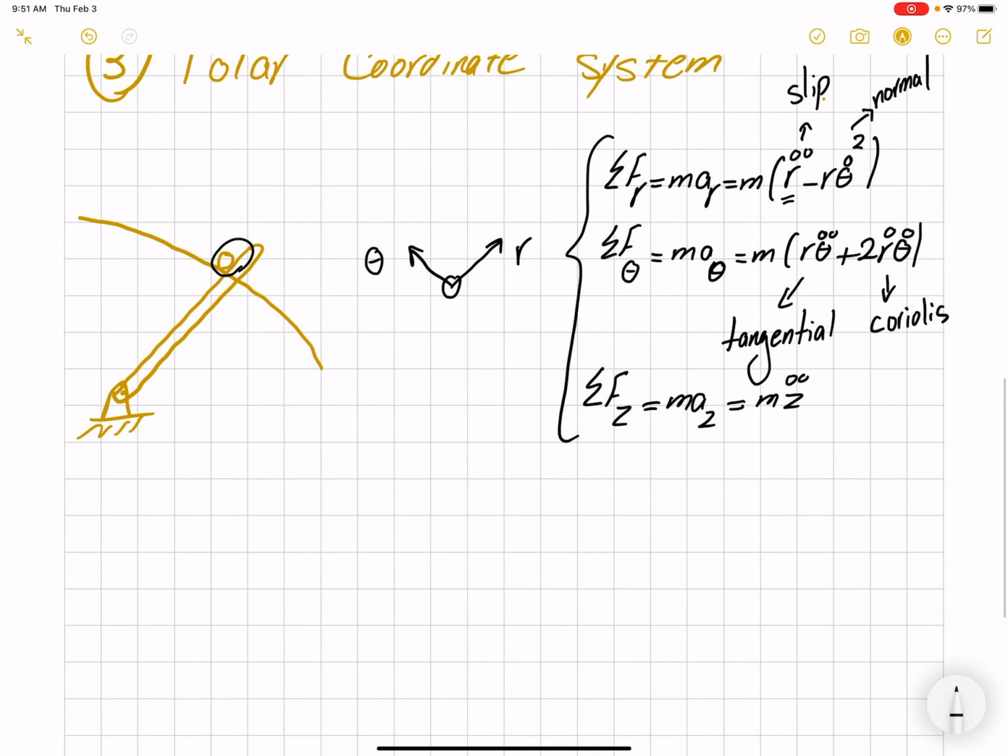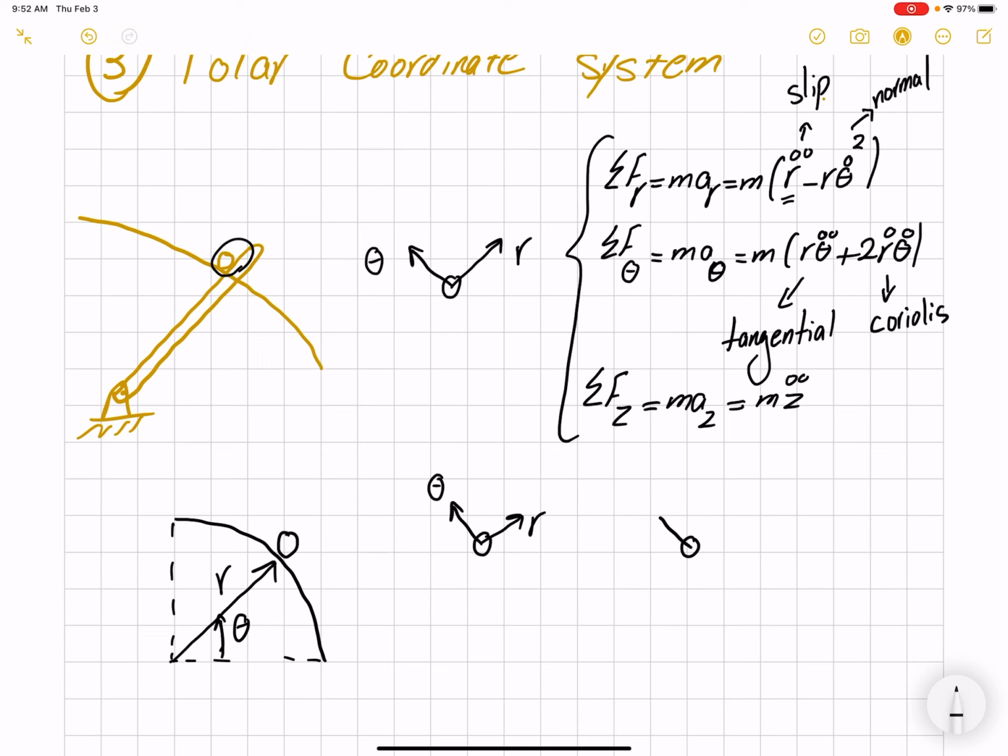Let's say we have a particle moving along a circular path, and this is circular, that means that r is the same, and then here we have theta. So if I use r and theta, I should get the same answer as if I use t and n.